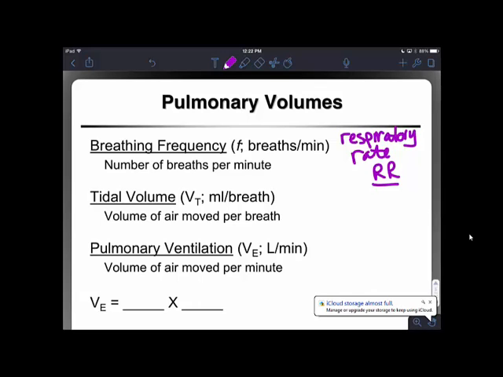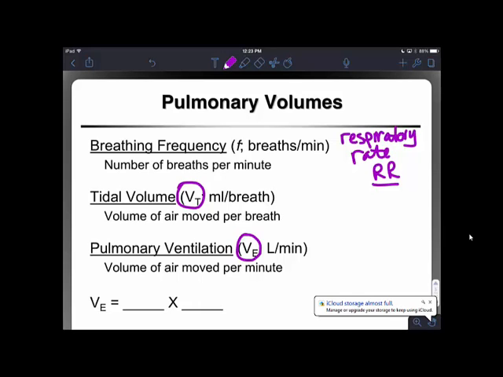Tidal volume, so the V is for volume, the small t is for tidal. Tidal volume is the volume of air that's moved either in or out of the lungs each time you take a breath. And then the pulmonary ventilation, capital V, small e, is the volume of air that's moved per minute.